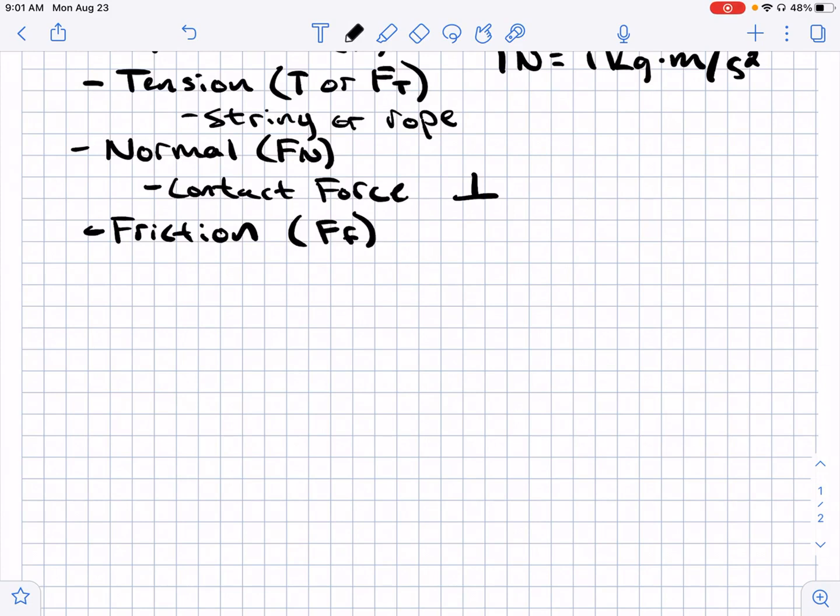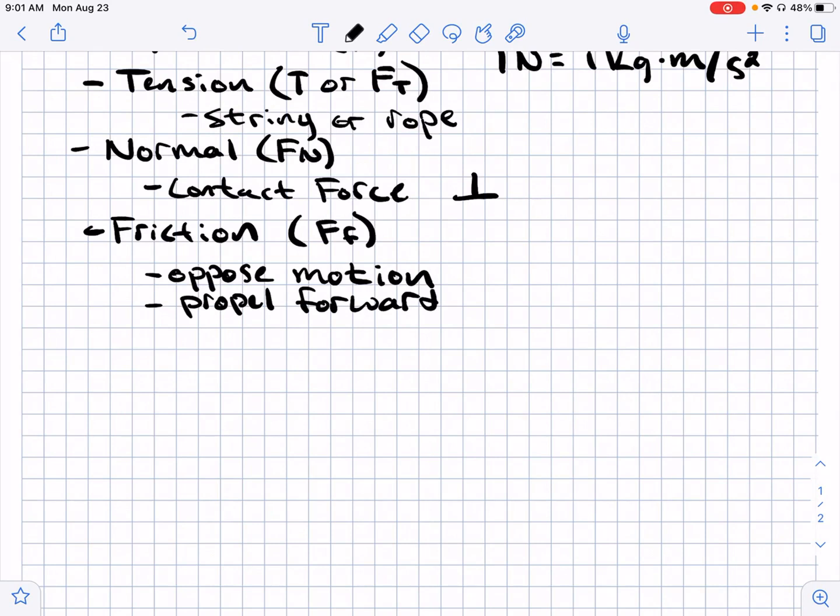Most of the time, yes, it will oppose motion, but sometimes friction is what helps us propel forward. We'll look through some examples of this a little later.